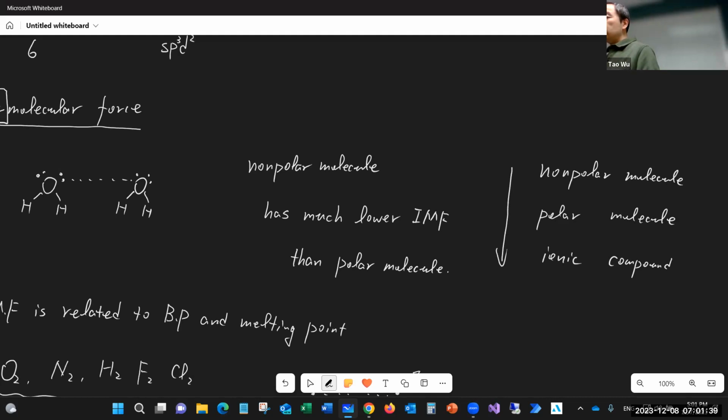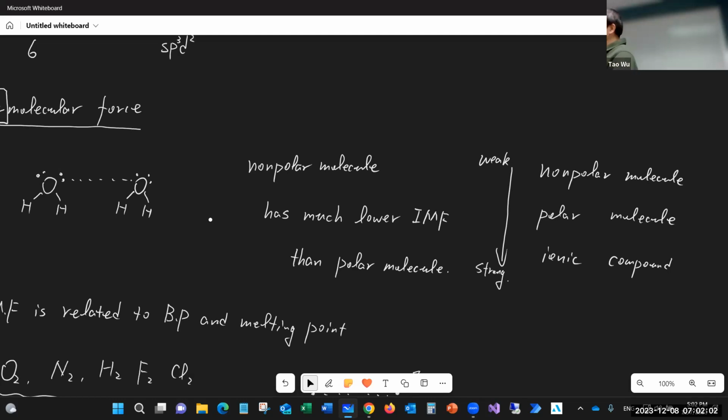So from top to bottom is weak to strong. So this is pretty much what I would like to talk about for intermolecular force. If you're joining my M2 class, I will talk more about intermolecular force. I think this is a pretty interesting part.